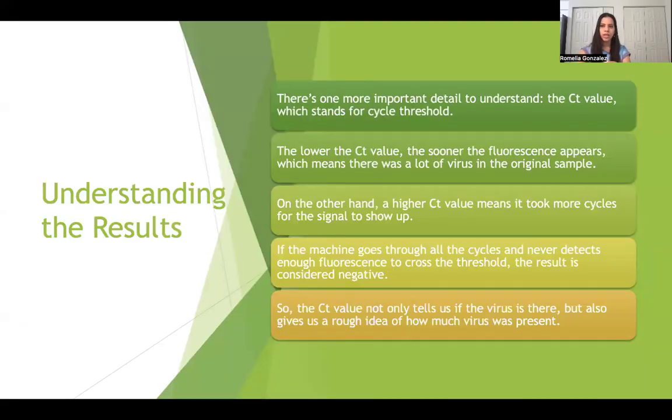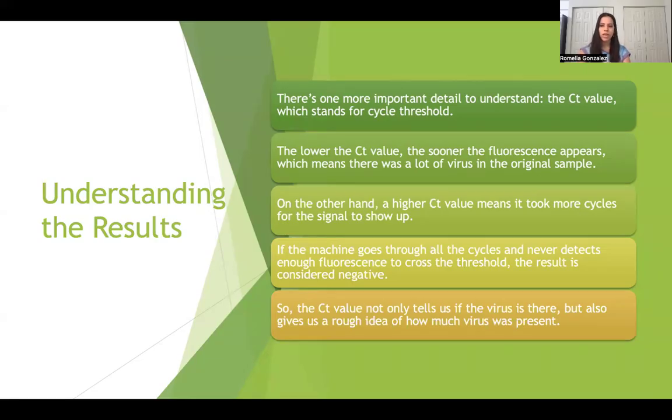Lastly, it's important to understand the results. Understanding the CT values tells us an important detail. The CT value stands for cycle threshold. This is the point during the PCR process when the fluorescence becomes strong enough to be detected by the machine. So if we have a very low CT value, this would create a sooner fluorescent appearance.